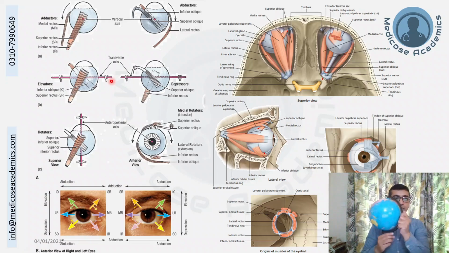The second axis will be the transverse axis. This is the transverse axis going from side to side, and along this axis the eye can look up, elevation, or the eye can look down, depression. And then we are left with the anteroposterior axis.